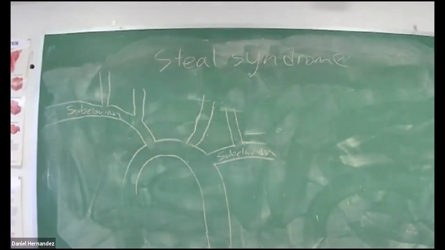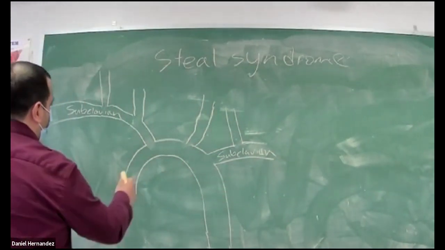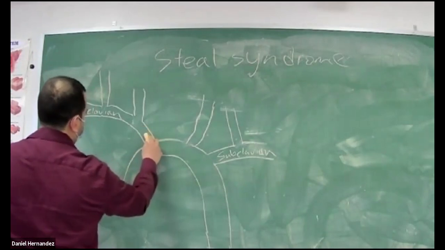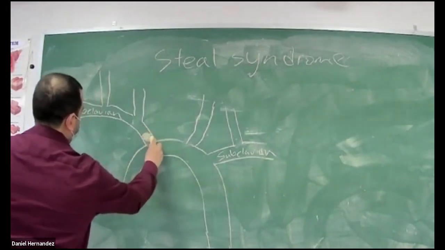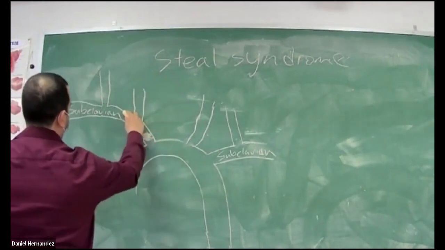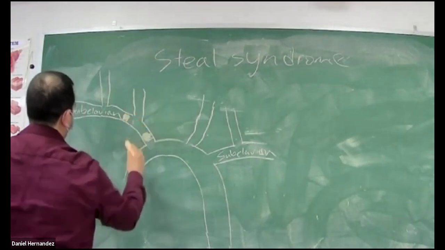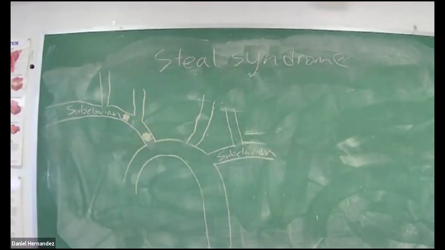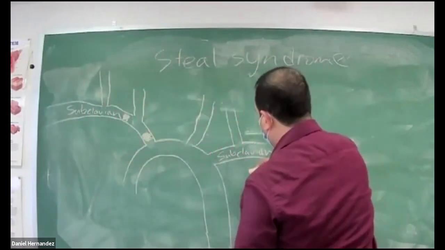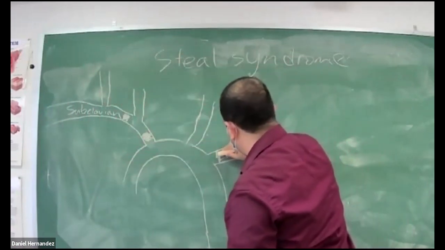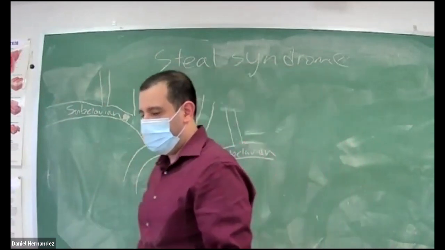So the reason we develop steal syndromes are due to blockages or occlusions in the right brachiocephalic or innominate or proximal right subclavian arteries, or a blockage in, say, the proximal left subclavian artery.